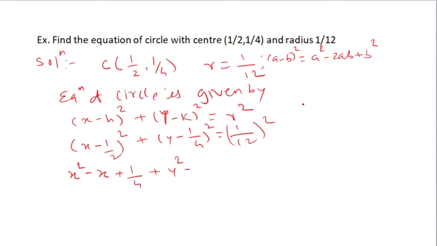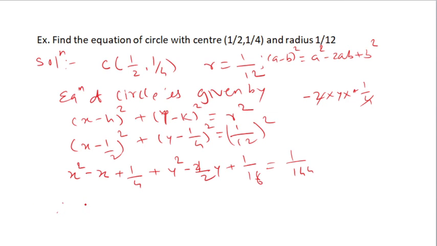The 2 gets cancelled, we get minus 1 upon 2y, plus 1 upon 16, is equal to 1 upon 12 square, which is 1 upon 144.